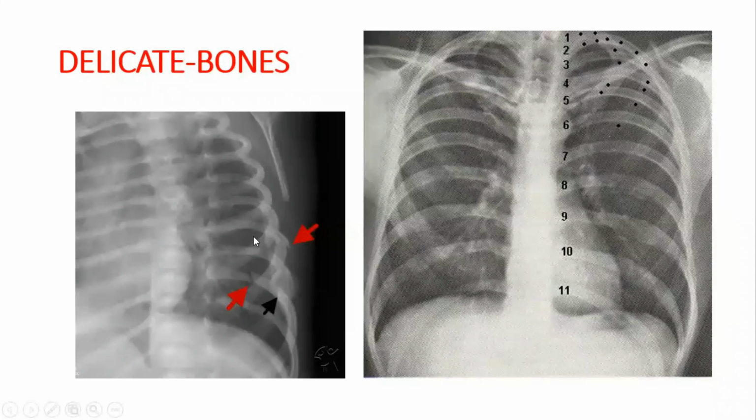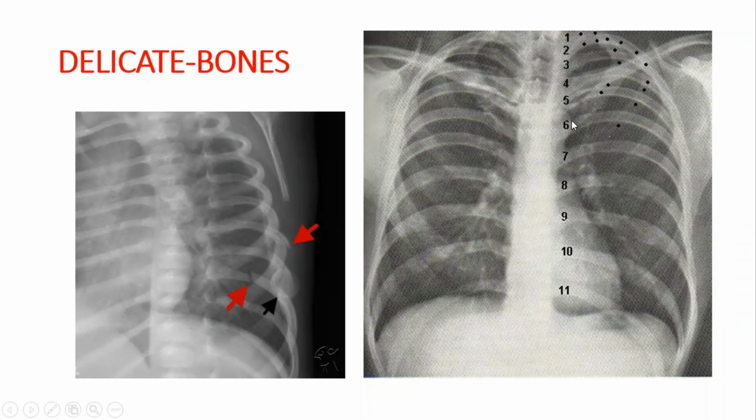Next, bones. This is a bone fracture that is showing. Here, bone fracture. So how do we count ribs? This is the first rib. This is PA view. From the back side, this is the front side of the rib.